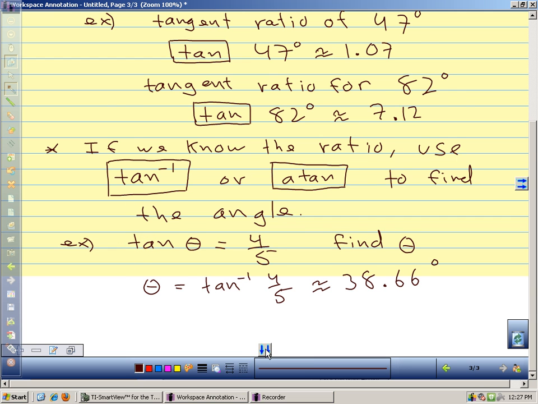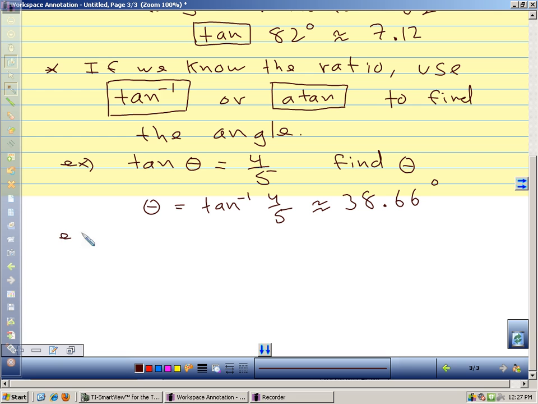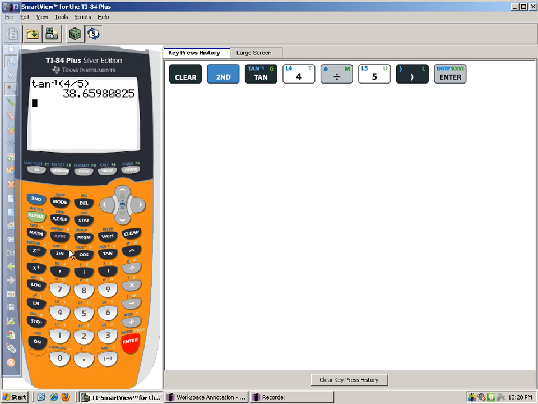Let's look at another example of that. Let's find the inverse tangent of 6.3. On our calculator, we're going to do inverse tangent of 6.3. And that is about 80.98 degrees.